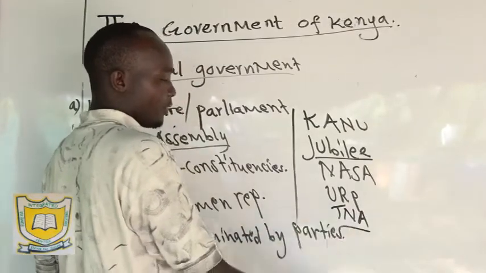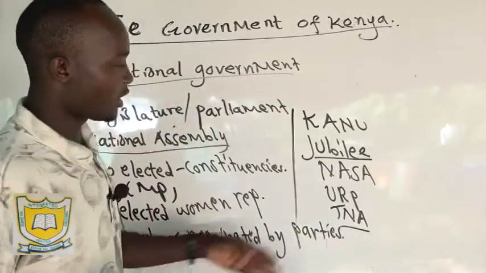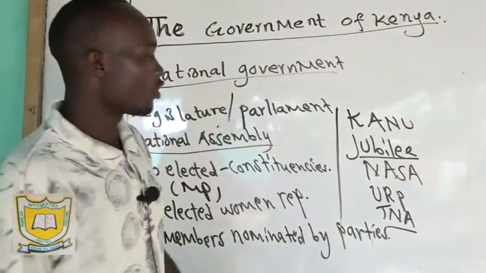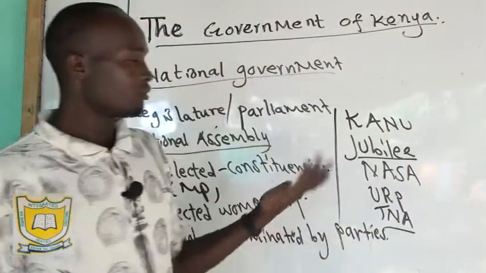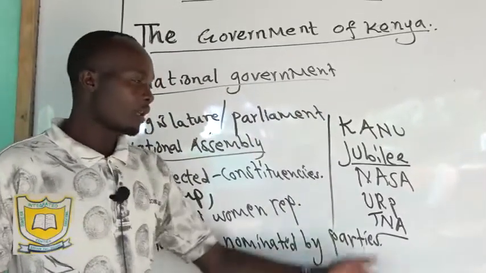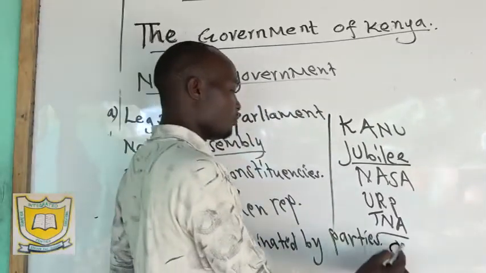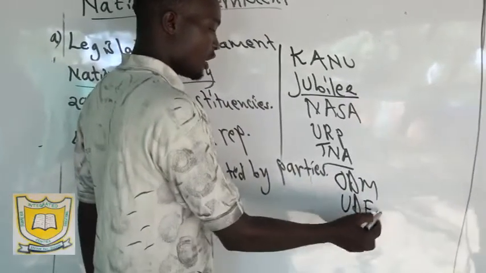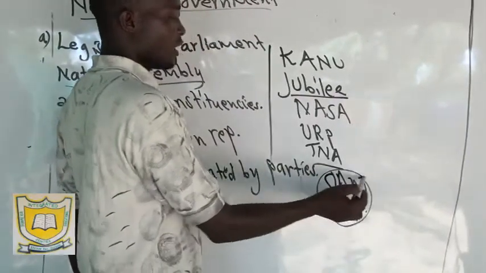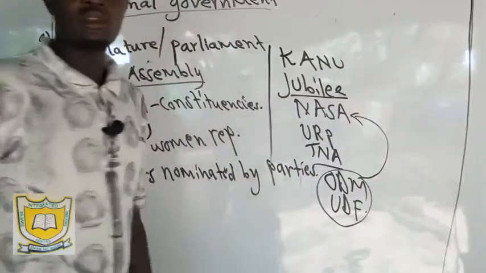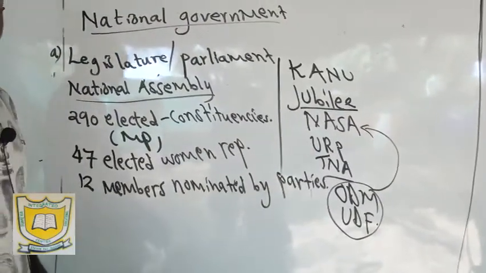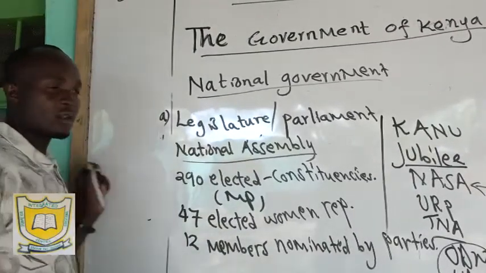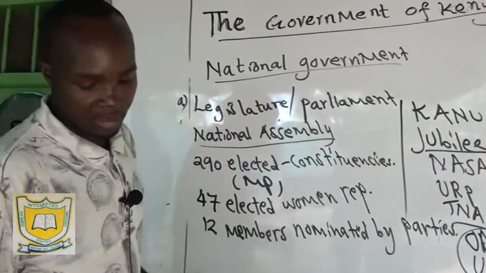That one was the former party of Uhuru Kenyatta. URP was for the deputy president. Then we have also Wiper, and so on. So these are some of the political parties. Talk about ODM, talk about UDF. All these are political parties, but these ones are under what we call NASA, which is the opposition party in Kenya. So 12 nominated members, they are nominated by political parties.